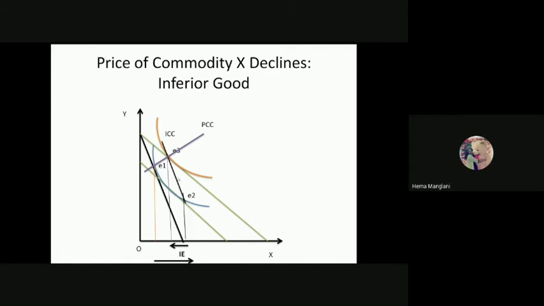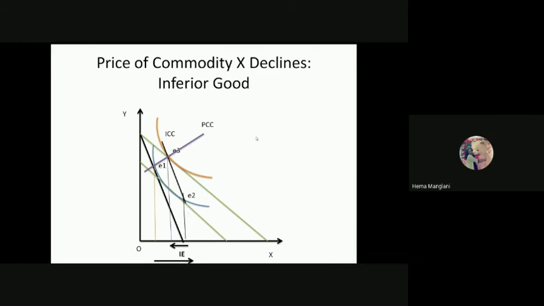That is why the consumer would move from the E2 position to the E3 position. This E3 says that your income effect is going leftward, from the black to this purple line. So the substitution effect is going in this direction and the income effect in this direction. Both are reverse, but the positive substitution effect is greater than the opposite income effect. That is the case of the inferior good in this analysis.